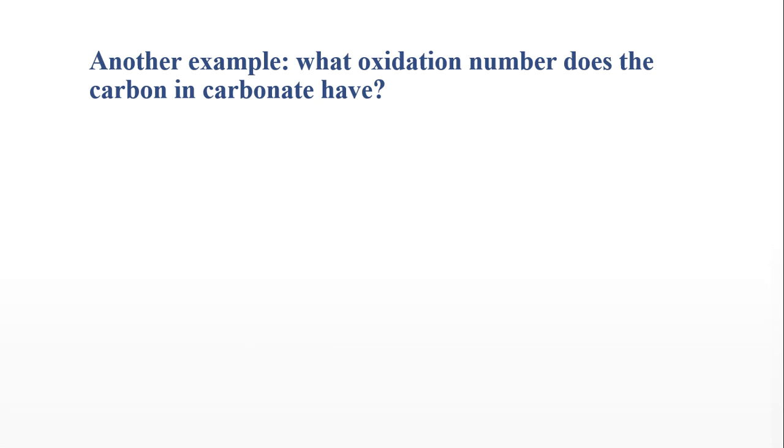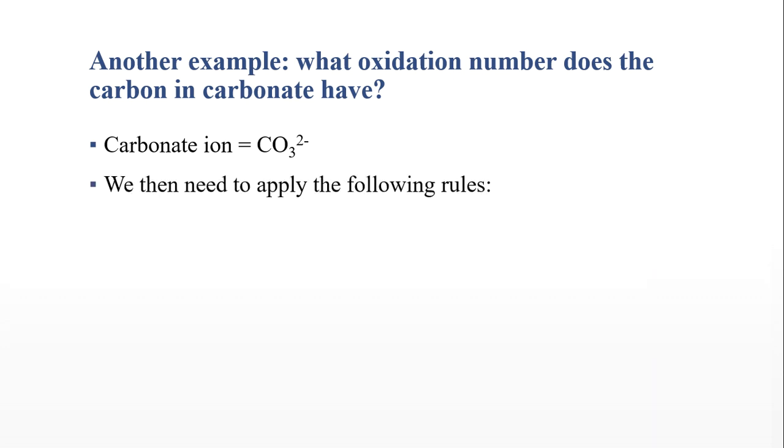Let's take another example. What oxidation number does the carbon in carbonate have? Well, you're supposed to know by heart the formula and charge of the carbonate ion, which is CO3 2-. Then we can apply a few rules here to figure this out. First and foremost, the sum of oxidation numbers of an ion equals its charge.